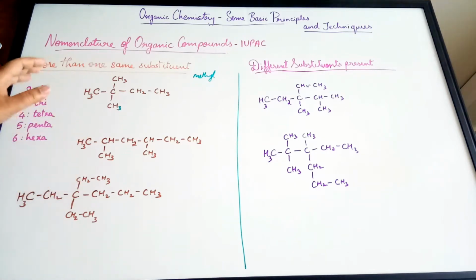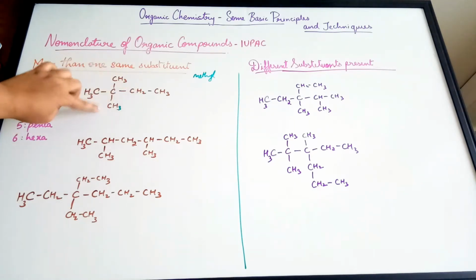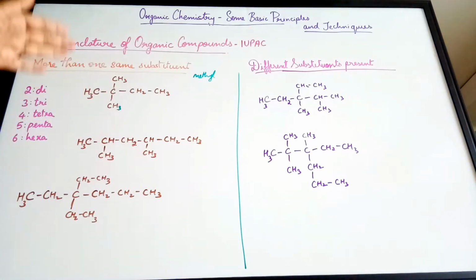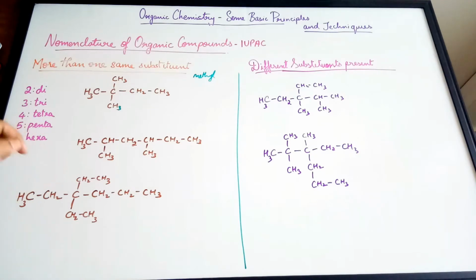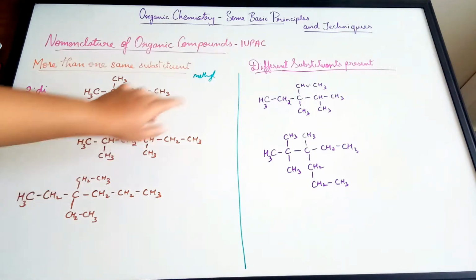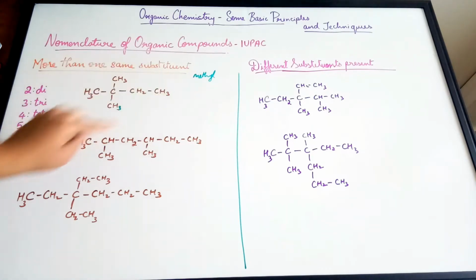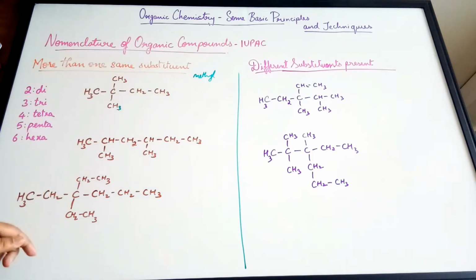If one of the hydrogens is removed and they join the main chain, they are considered substituents, and their names are similar to the word root, only with the letters YL attached to it. So CH3 is methyl, C2H5 is ethyl.